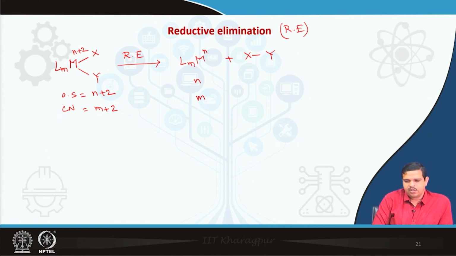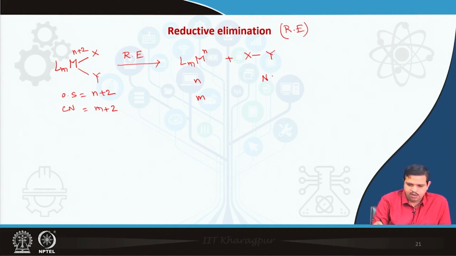So, what are the criteria we mentioned in the oxidative addition? The reductive elimination will be exactly the opposite. So, you should have two stable oxidation states separated by 2.